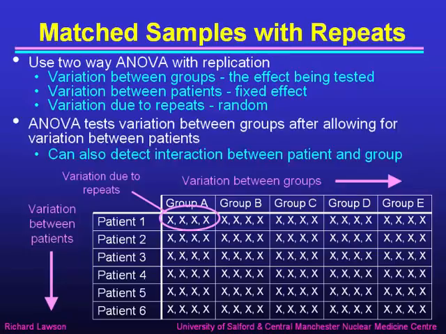The analysis of variance will test variation between groups after allowing for variation between patients, and as well as allowing for the precision of the measurements, it will also detect an interaction between patients and groups. So for example, group C might always give a larger answer for patient 1 and a smaller answer for patient 6. That's what we mean by an interaction between the group and the patient. The rows might not always be patients, it might be some other classification, but I've used patients as a convenient example.